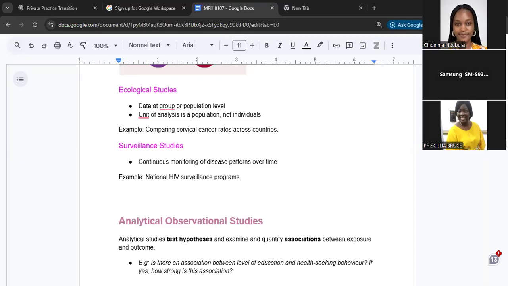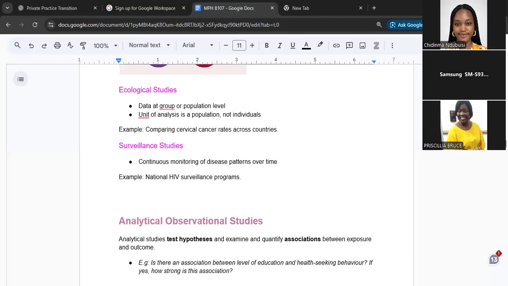We say which country has a higher rate of cervical cancer. So we are looking at the countries as individual entities. That's what's happening in ecological studies, when we analyze a group as if it's a unit on its own.